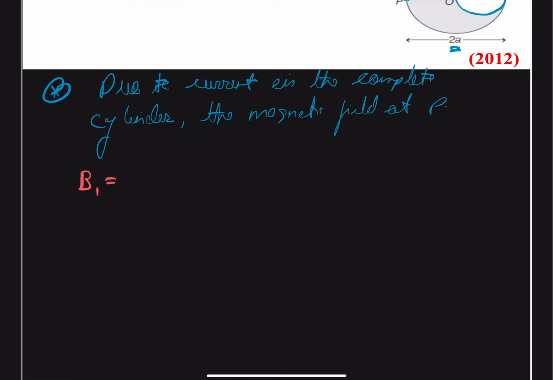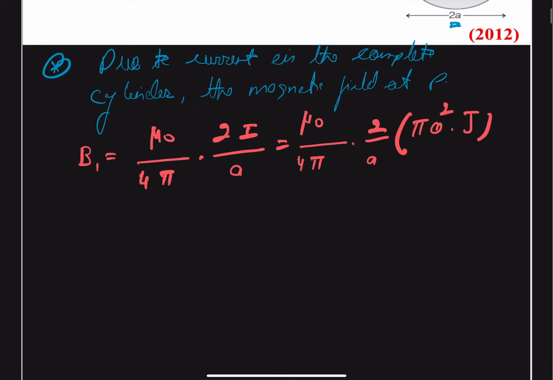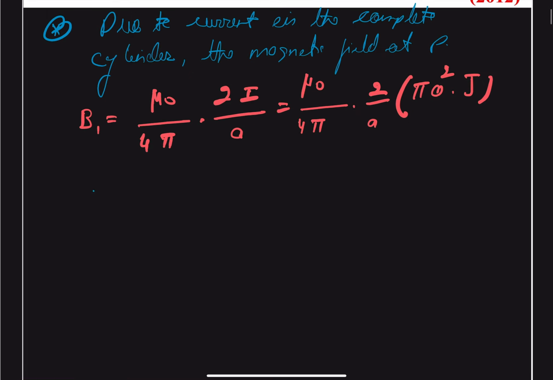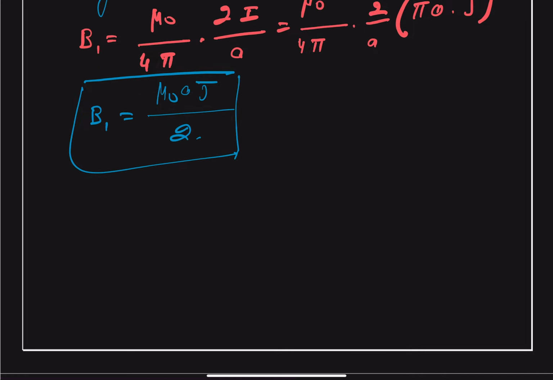Then this B1 will be equal to mu naught upon 4 pi, and here we have 2I divided by A, and here current is not given to us but given as current density, so therefore we can modify the current equation and write it mu naught 4 pi 2 upon A, and this comes as pi r square multiplied by the current density, that is J, and this gives us that our B1 will be equal to mu naught A current density J divided by 2, and this current density J, or we can say current I, is for the entire cylinder.